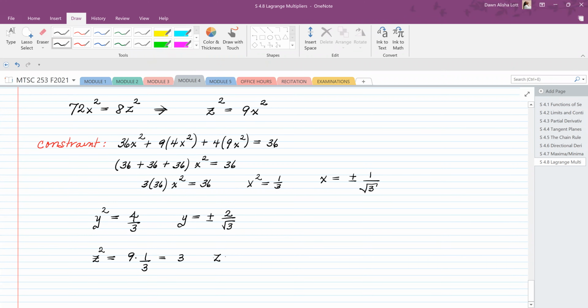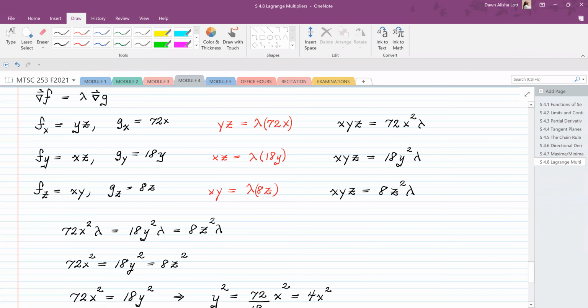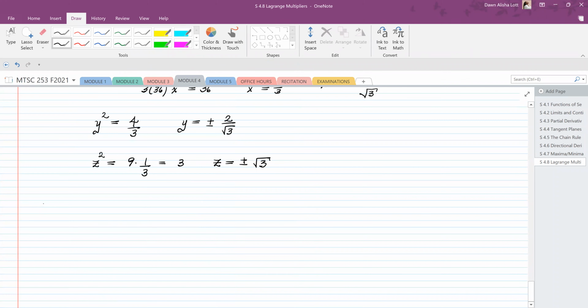So z is positive or negative √3. Okay. So my function f of x, y, z, which is x times y times z.